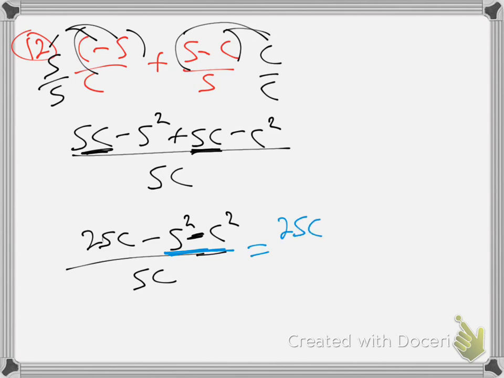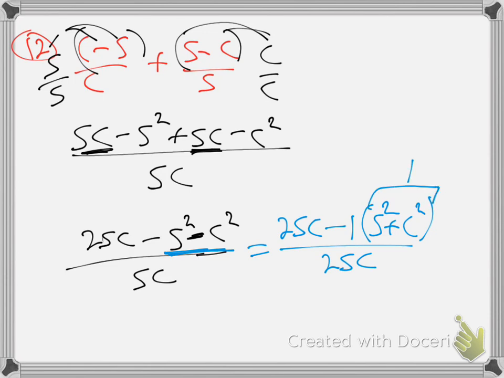2 sine cosine minus, factor out a negative 1, right? Because they're both negative, so you can factor a negative 1 out, and then this is 1, because you've got sine squared plus cosine squared, and that's what the formula says. You with me? You put a 2 in the denominator.